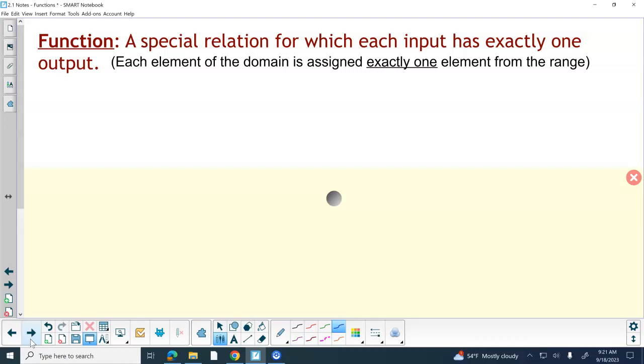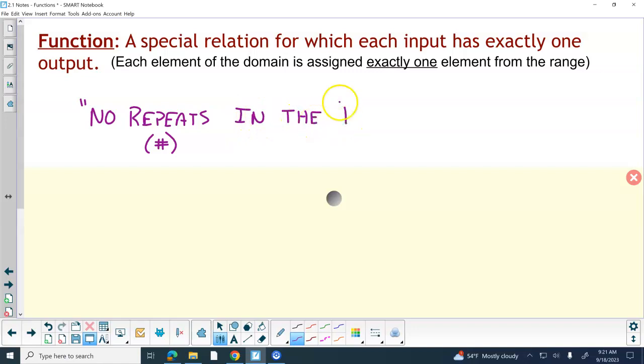Meaning there are no repeats in the domain. So your domain, your x values, are all different. That makes it a function. If your x values are all different, it is a function.